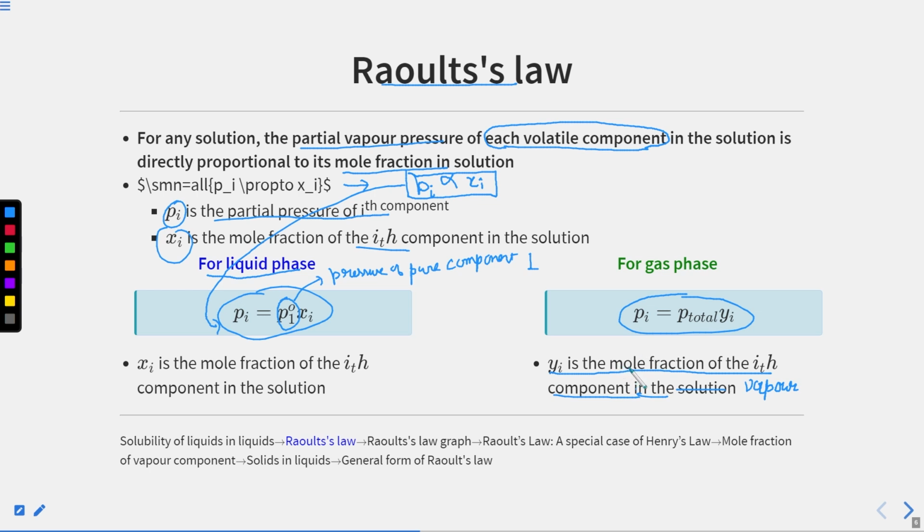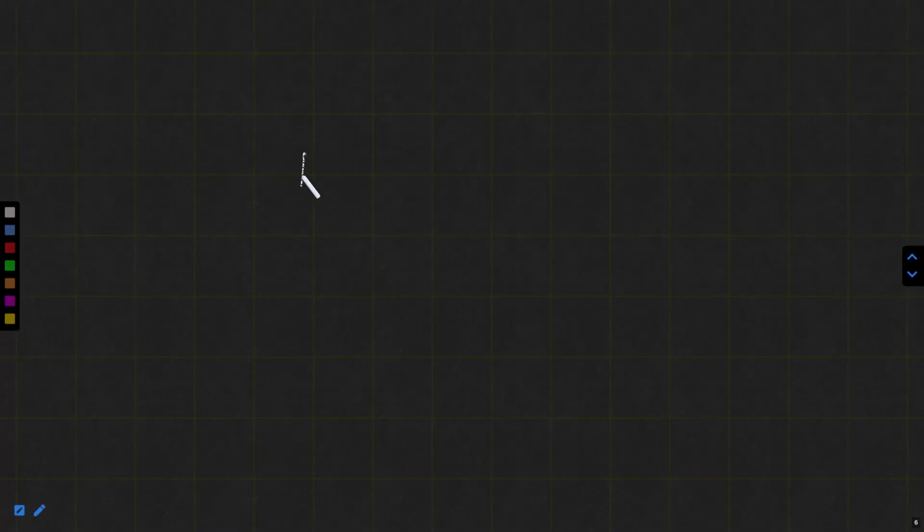So what is the main difference between these two? Listen very carefully, because children get confused in this. The first formula is Pi equals P naught i Xi.